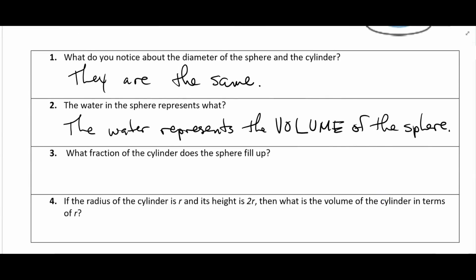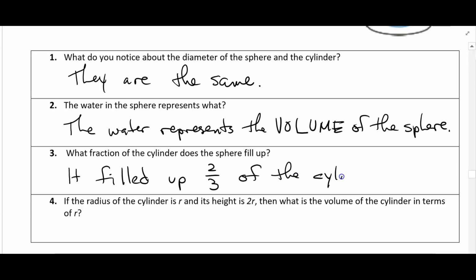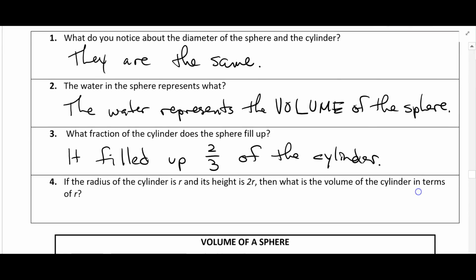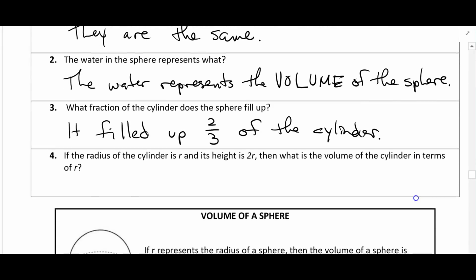What fraction of the cylinder does the sphere fill up? Well, if you noticed, they had the cylinder divided into thirds, and it filled up 2/3 of the cylinder.